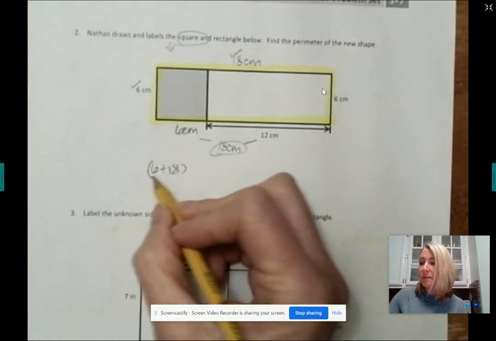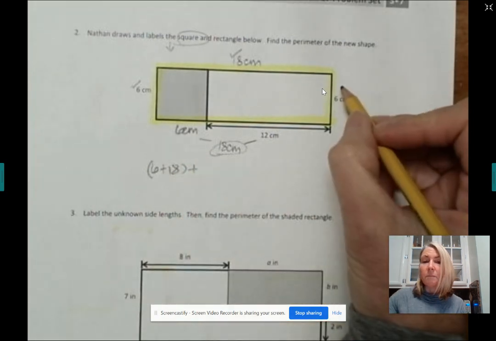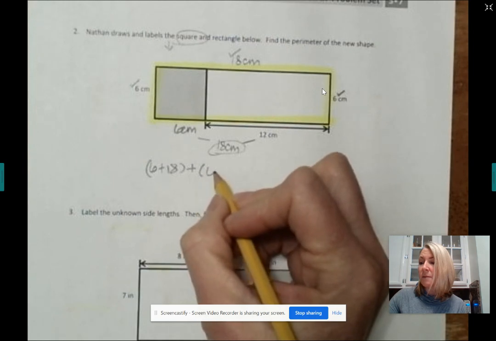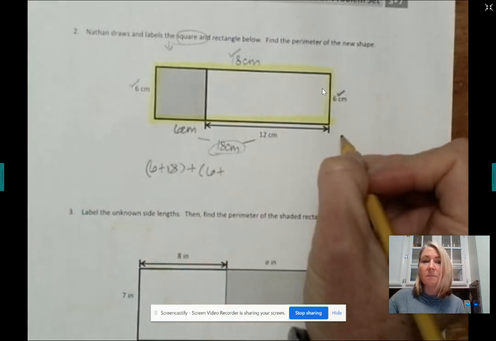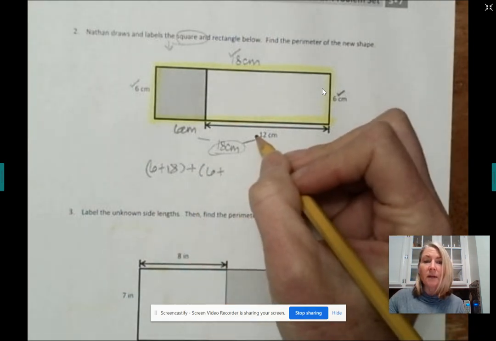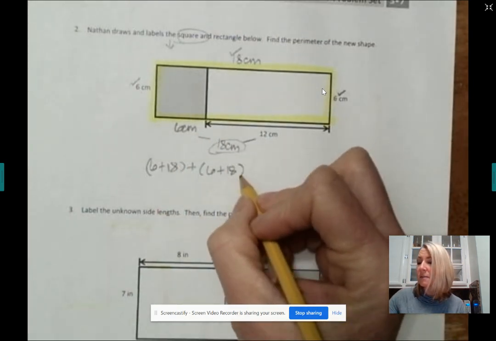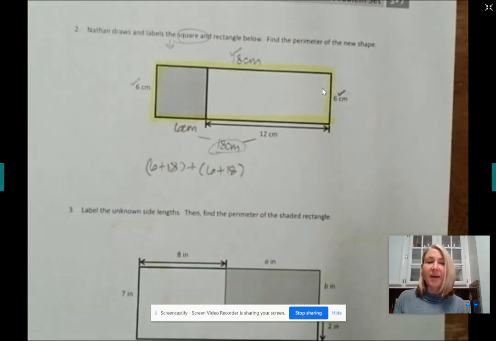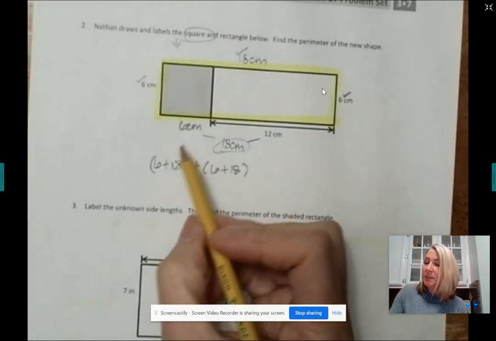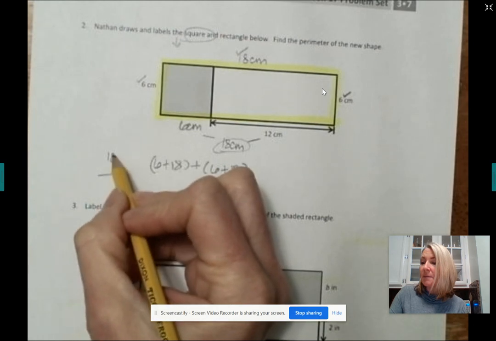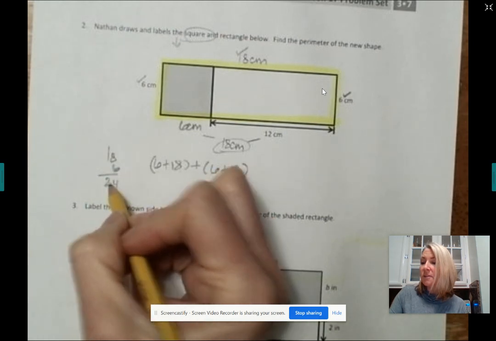There's my first set to add up. Moving around, I'm going downhill, and I've got the 6. Plus, now I am making a left, and I am walking that straight line, which is 18 centimeters. Look at that. This is going to be nice, because once I figure out 6 plus 18, I'll be able to just double it.